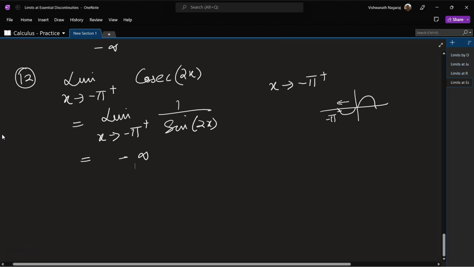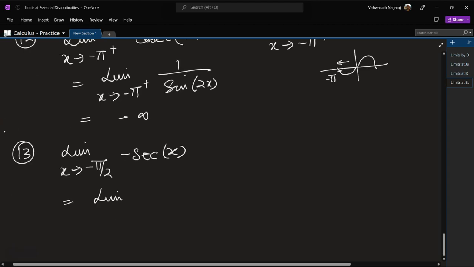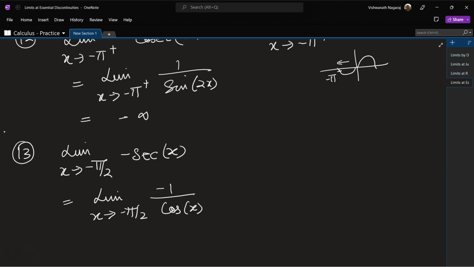Okay. 13th one. Limit as x approaches minus pi by 2 of minus secant x. Okay, this can be written as limit as x approaches minus pi by 2 of minus 1 by cos x. Cos minus pi by 2 is going to be 0. So we can't do direct substitution.